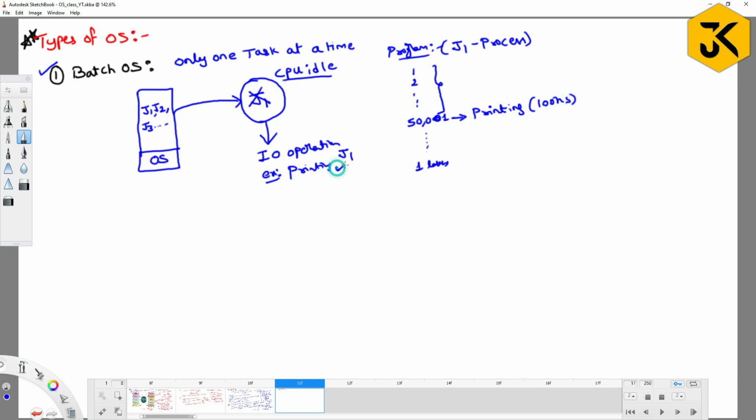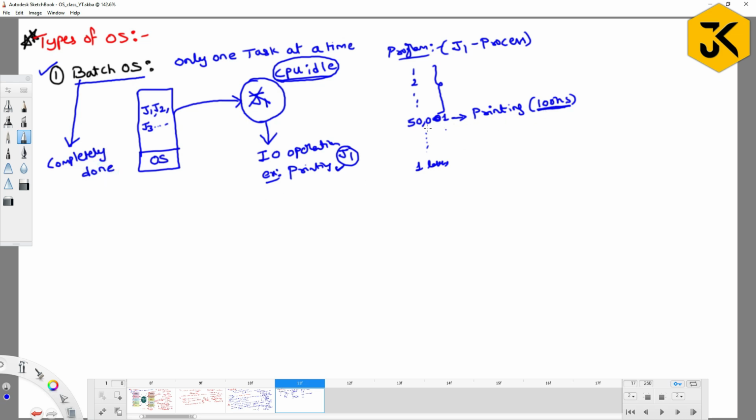So now J1 will be here. During this 100 nanoseconds of time, the CPU is going to be completely idle because it is batch operating system, right? Batch operating system will only perform one task at a time. Once a particular task is completely done, then only another job is going to be done.